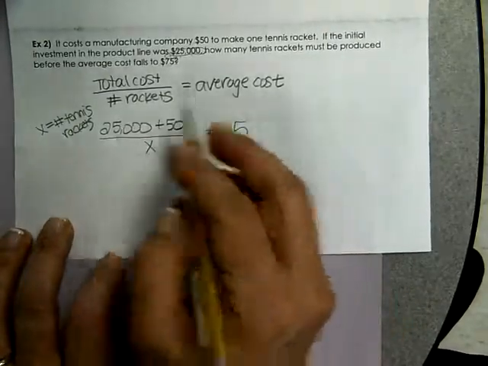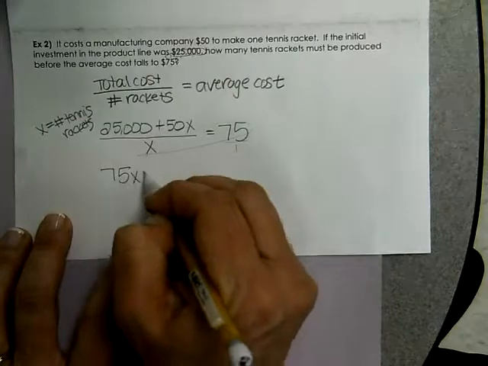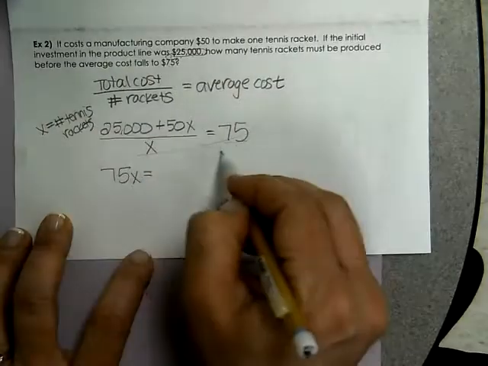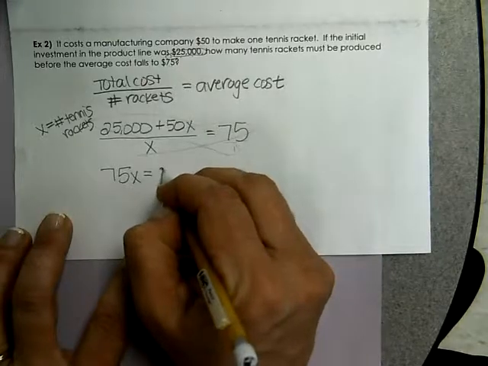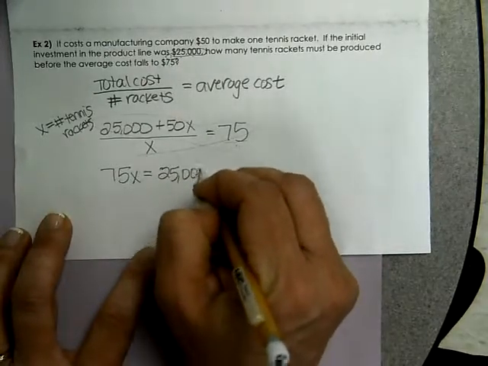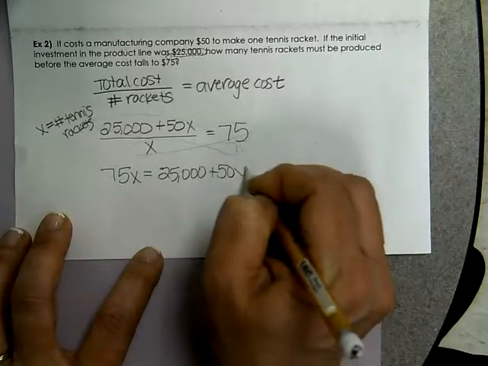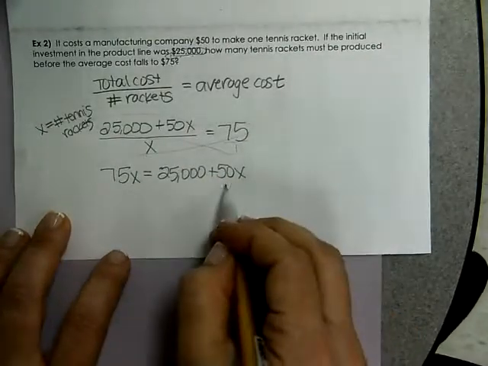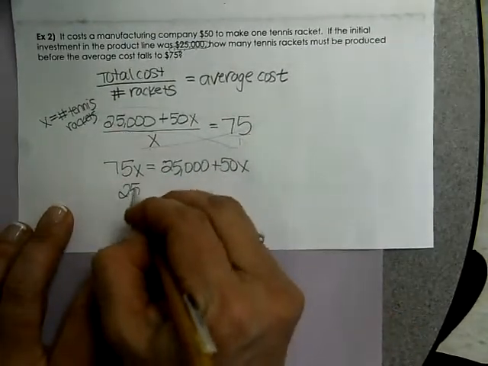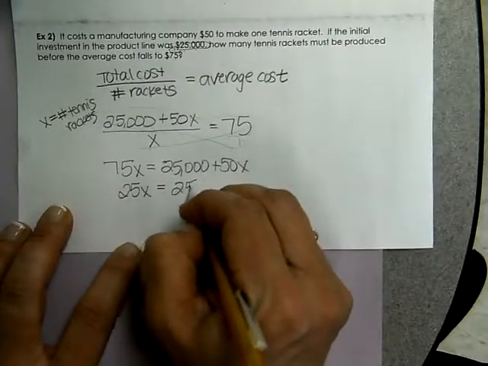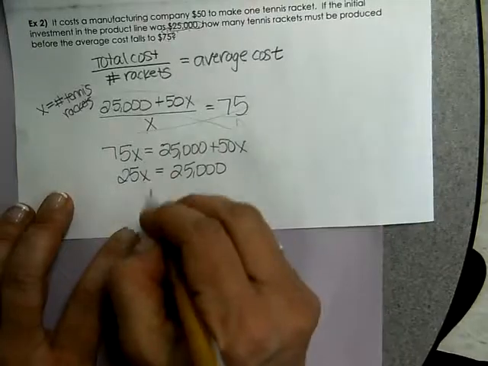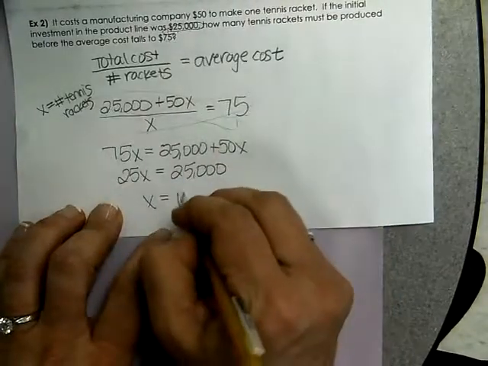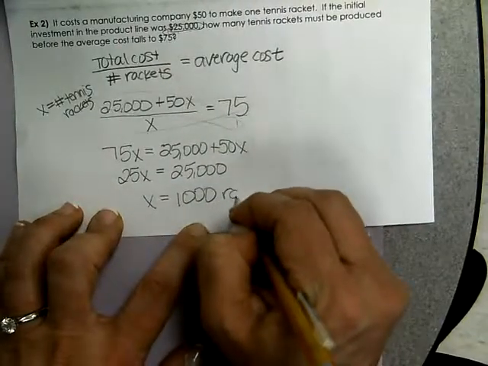We can take X times 75, 75X equals 25,000 plus 50X times 1, so 25,000 plus 50X, and then we can solve. We can subtract 50X to make 25X equals 25,000, divide by 25, and we get that X is 1,000 rackets.